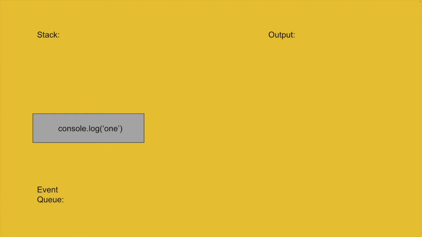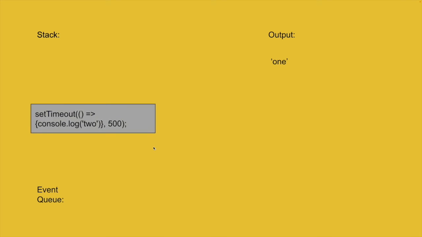We first add our first statement onto the stack, which logs out 1 to the console. And so we get 1 as our output. And then we are done running the statement, so we pop this off the stack. Next, we add our next statement onto the stack, which is a set timeout with a callback function in it.